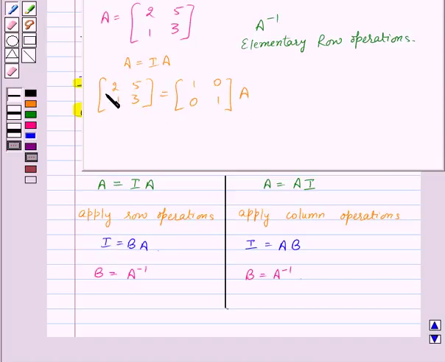So first of all, we'll try to change this element to 1. So let us take R1 changes to 1 upon 2 into R1, and thus we will get 1 5 by 2 1 3 equal to 1 by 2 0 0 1 into A.